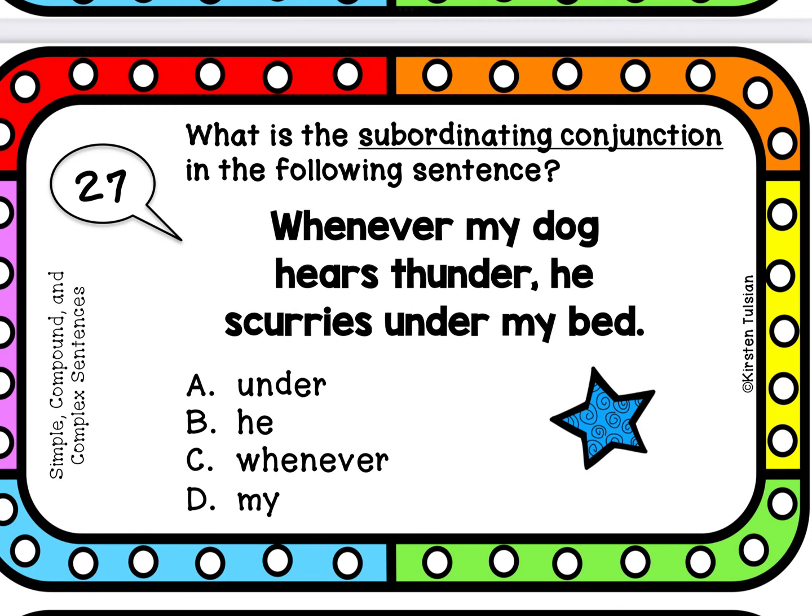Okay, let's practice one more time. What is the subordinating conjunction in this sentence? Whenever my dog hears thunder, he scurries under my bed. Okay, you're looking for the subordinating conjunction that's going to start your dependent clause. See if you can figure out which word it is. Is it under, he, whenever, or my?